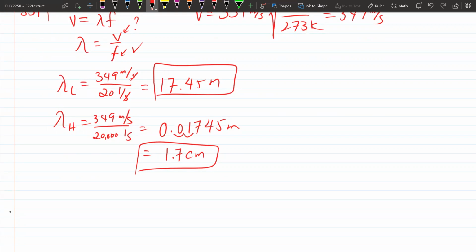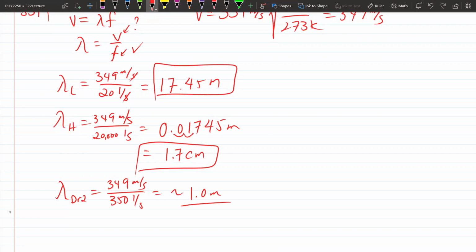So let's say I want to calculate the wavelength of the sound that I'm producing, the wavelength of sound from Dr. Chu. So I use my frequency instead, on average. Let's say my average frequency is 350 hertz, so the wavelength I actually produce is about 1 meter.